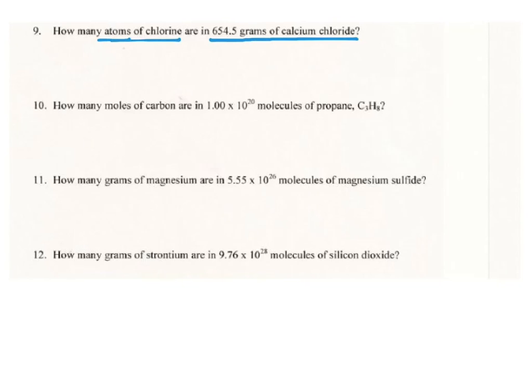So the first thing I'm going to do is get this down to the mole. So we have to go through the mole to get to wherever we need to go. So 654.5 grams of calcium chloride, CaCl2, times the molar mass of calcium chloride.